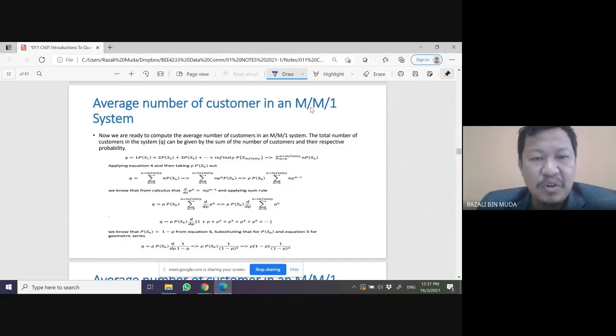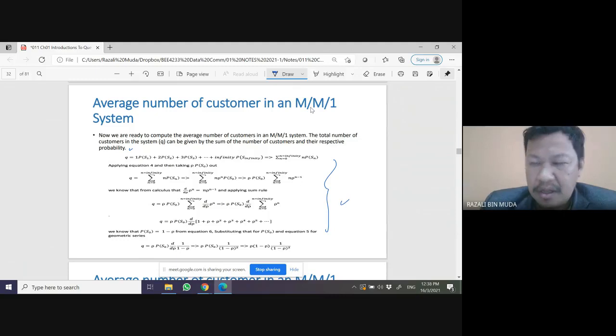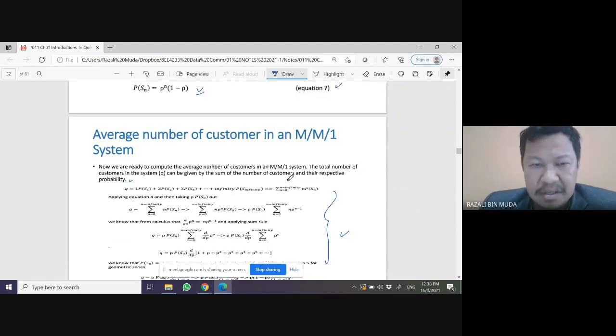Now we are ready to compute the average number of customers in the M/M/1 system. The total number of customers in the system is given by the sum of the number of customers times their respective probability. You can read this.